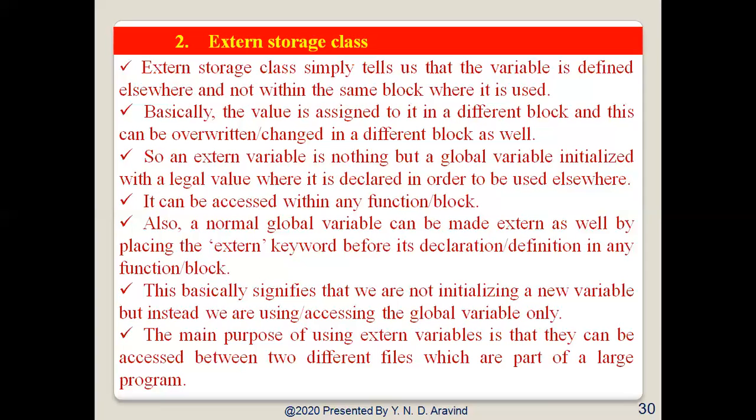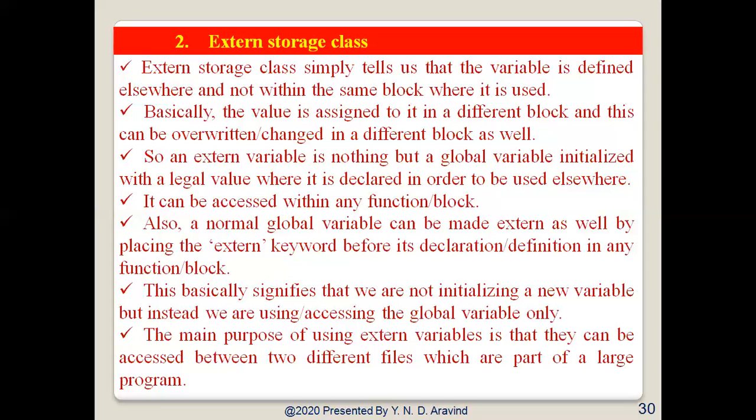And what will be the initial value? The initial value of the external variable will be 0. The keyword we are going to use for this external storage class is extern.